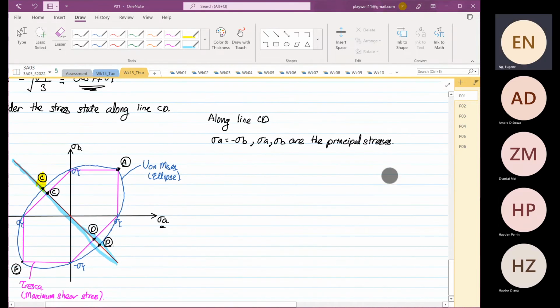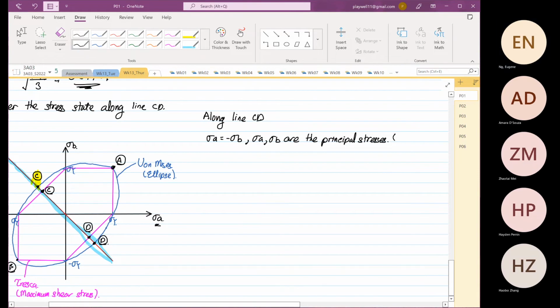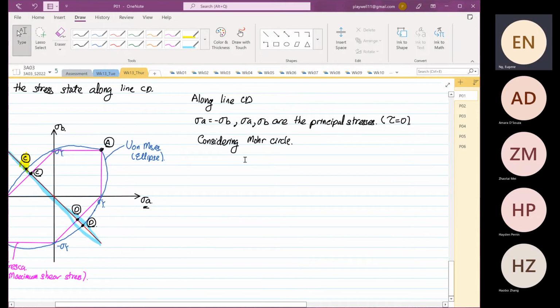In the principal stresses, the shear stress is equal to 0. So if we were to plot this on Mohr's circle, we know we will have this relationship.